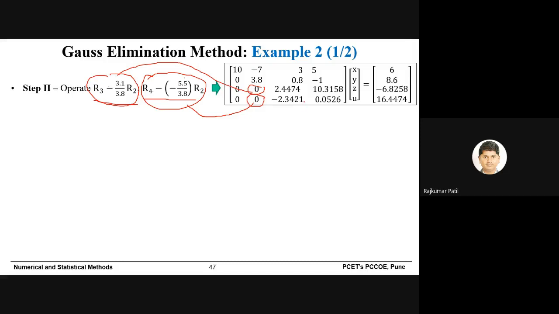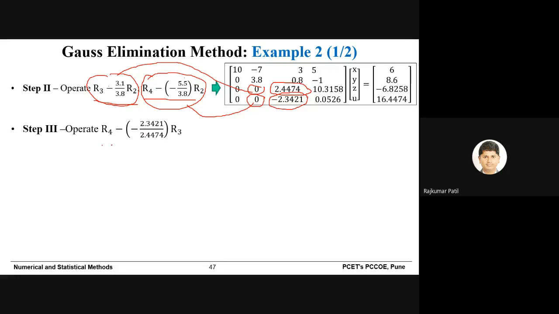Now next task is to make this particular term, that is minus 2.3421, as 0, and for that we need to make sure that the A33 is not equal to 0. Once all the conditions are true, perform row operations.